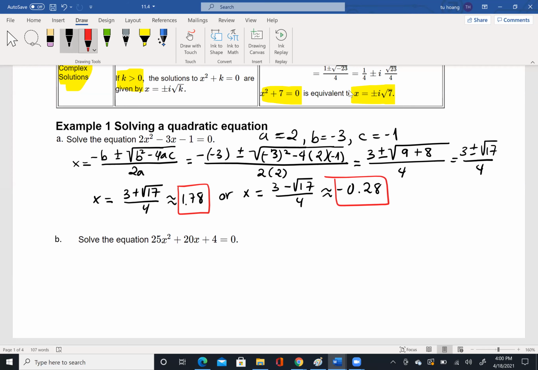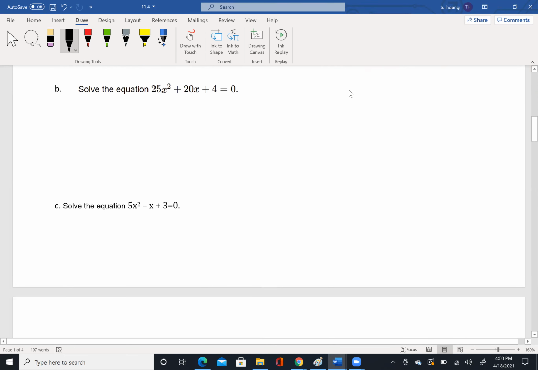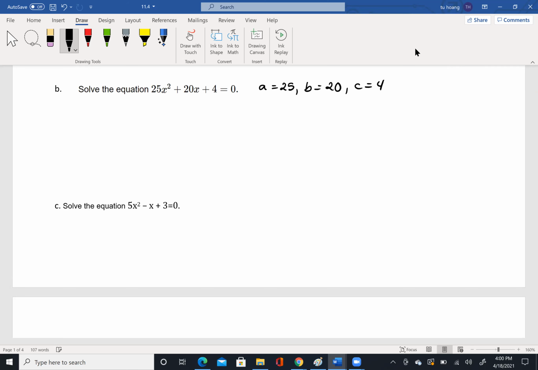Okay, so let's move to problem B. We're going to solve the equation 25x squared plus 20x plus 4. So here, list out a equals 25, b equals 20, c equals 4. But remember that sometimes they don't write the quadratic equation in this form.